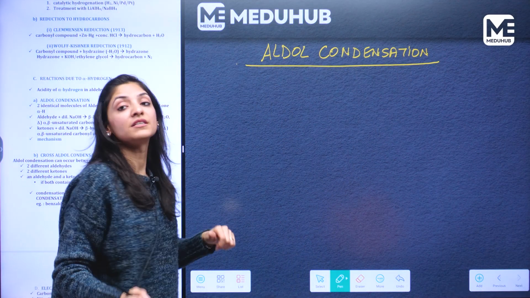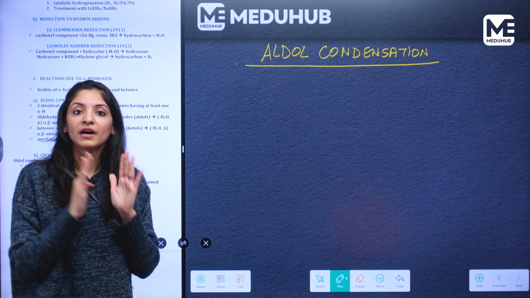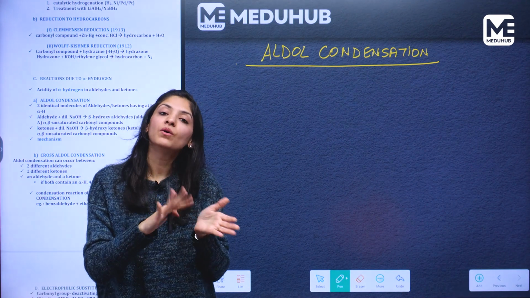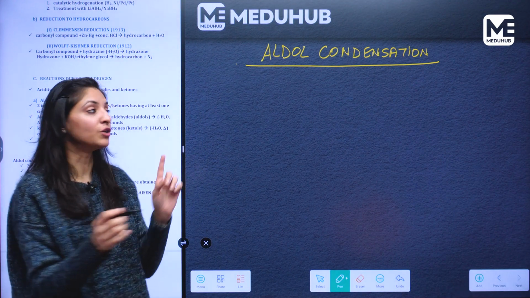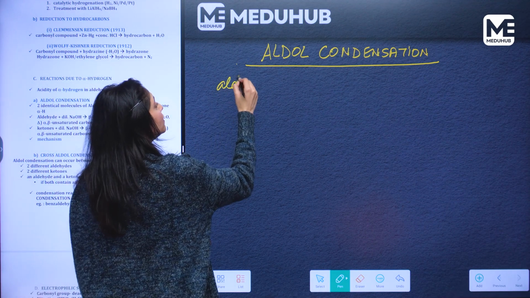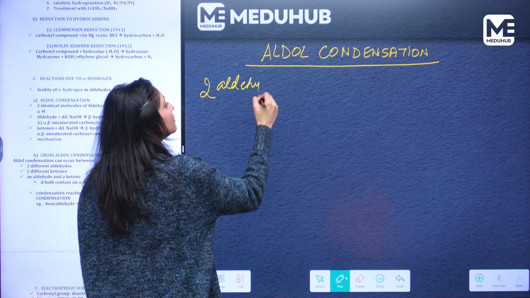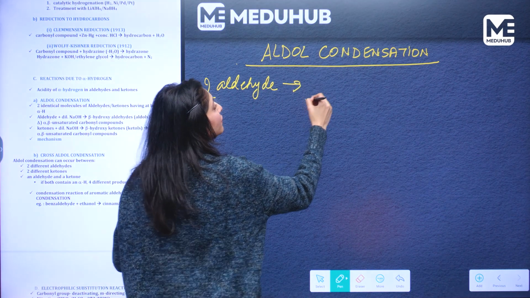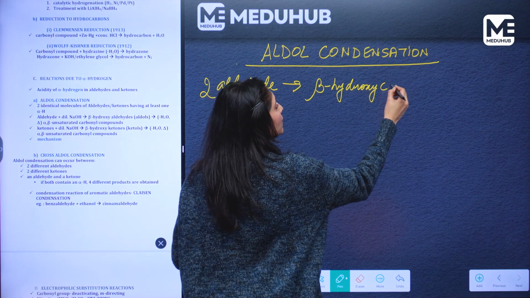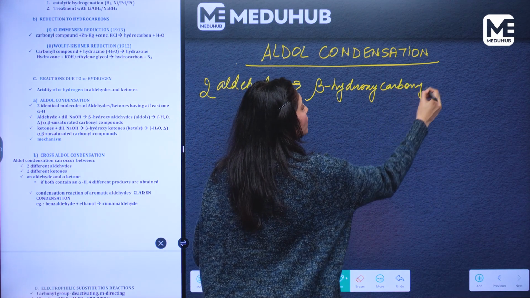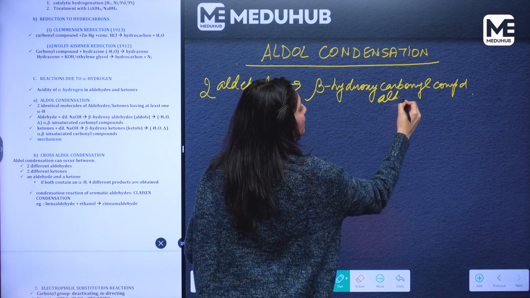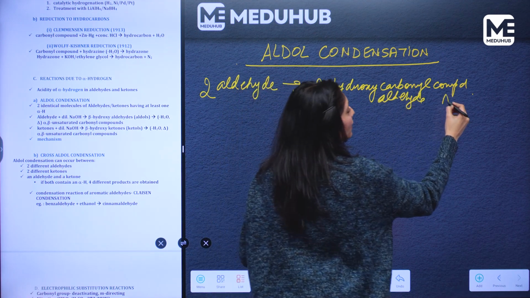In aldol condensation, two molecules of a carbonyl compound, be it aldehyde or ketone, combine together with or without elimination of a water molecule. So when two molecules of the same aldehyde combine together, they give a beta hydroxy carbonyl compound or an aldehyde, which is called aldol.